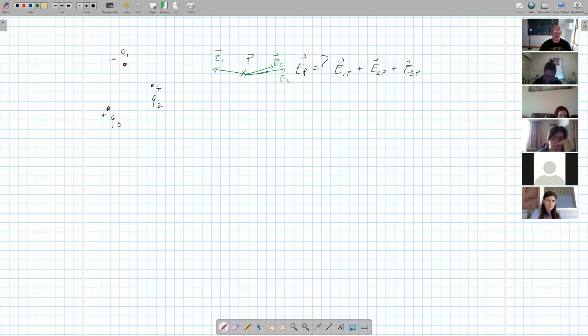So this is E3. So the total electric field at that point in space then is simply the vector sum of all of these electric fields. So this would be my electric field at point P. So the total electric field at any point in space then is equal to the vector sum of all of the electric fields at that particular point.